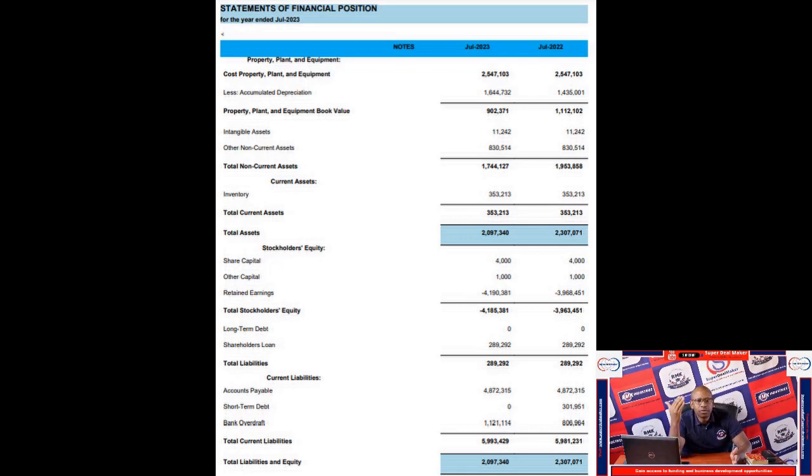So in your mind, you can go to the notes, because remember the financial statements have a notes component. Things like loans and long-term non-current assets have a note next to them. The note gives you a little bit more detail.